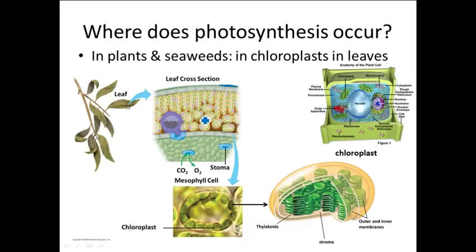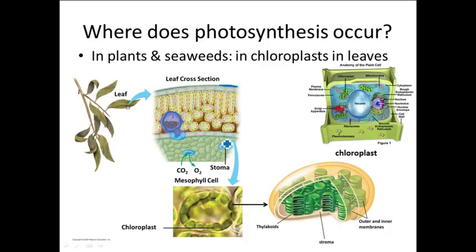These are called, you guys don't need to remember this, but in case you're interested, palisade cells and spongy mesophyll. We also have this thing here, and this is a vein. This delivers water to the cells and also takes away the sugars that are made during photosynthesis. The xylem brings water, the phloem takes the sugars away. You don't need to remember that for this class, but just in case you're interested.